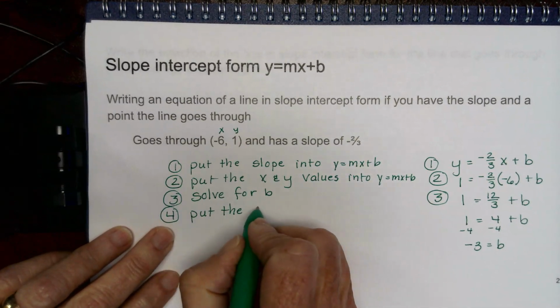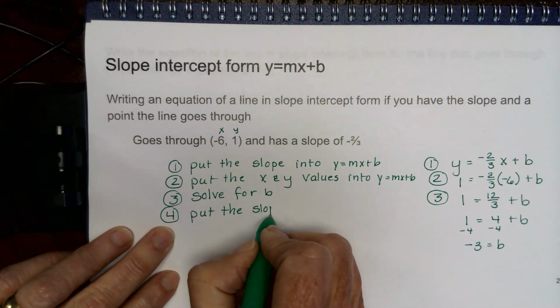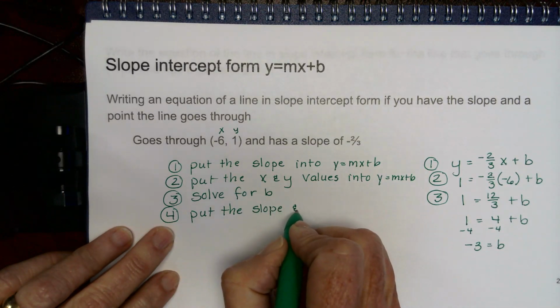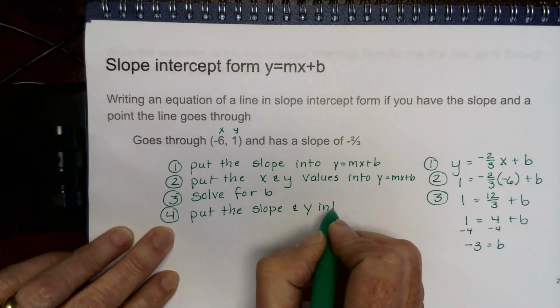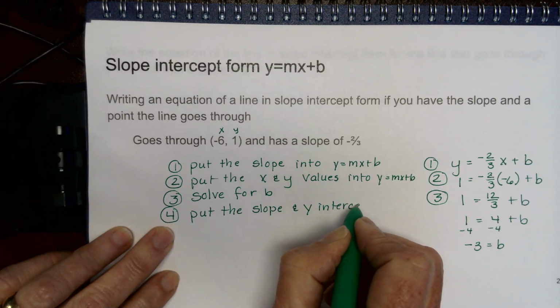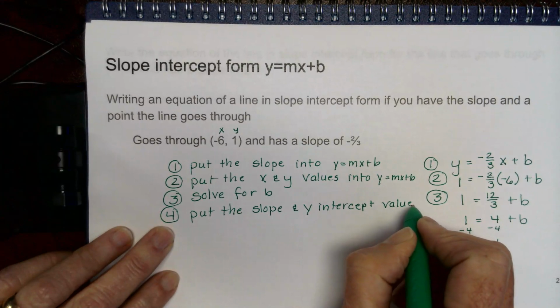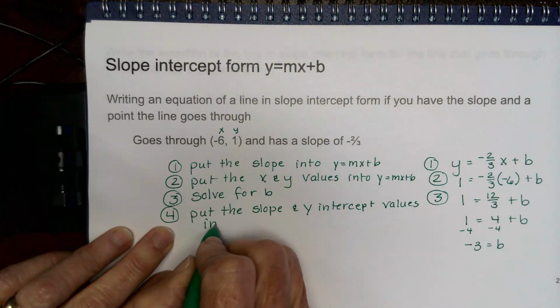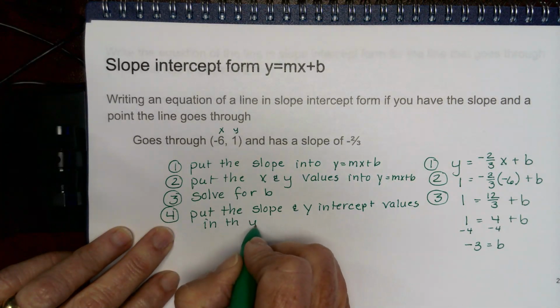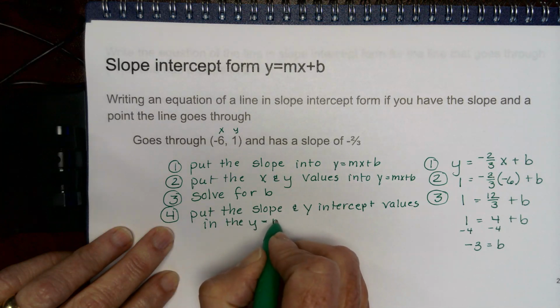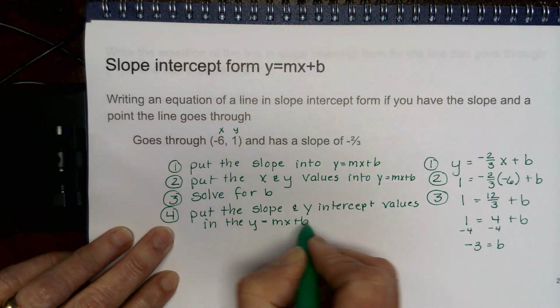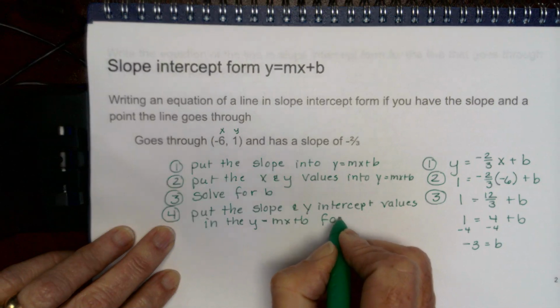That brings me to step 4, which is to put the slope and y-intercept values in the y equals mx plus b form.